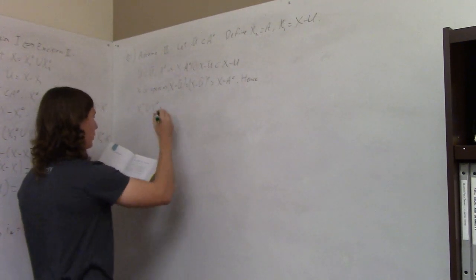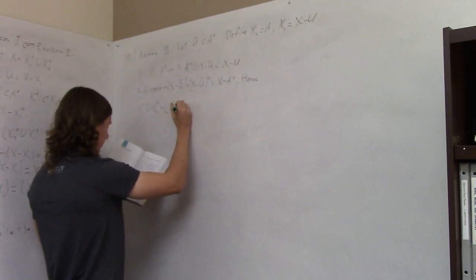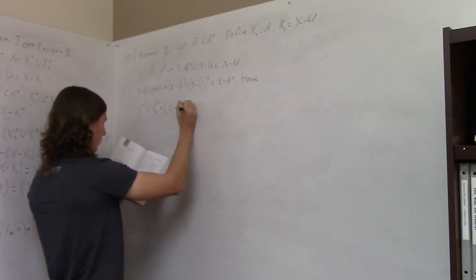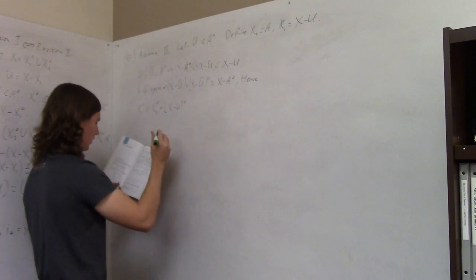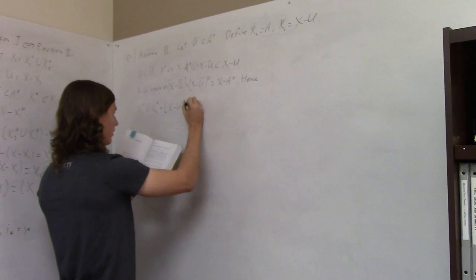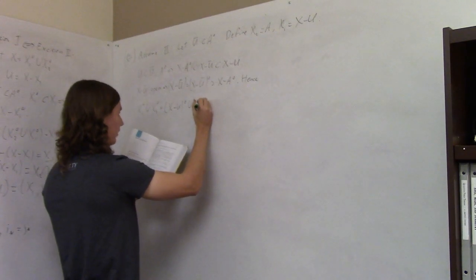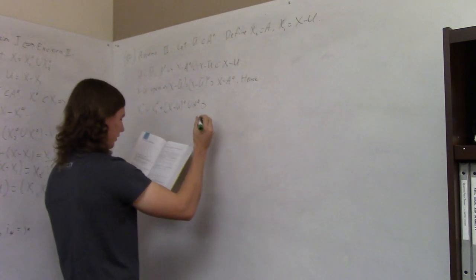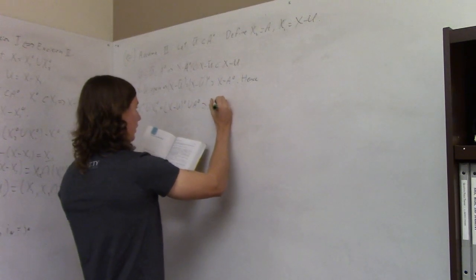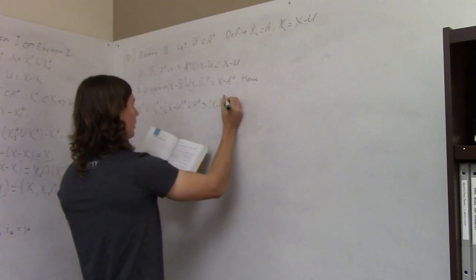So x minus u is a subset of x minus u bar interior.